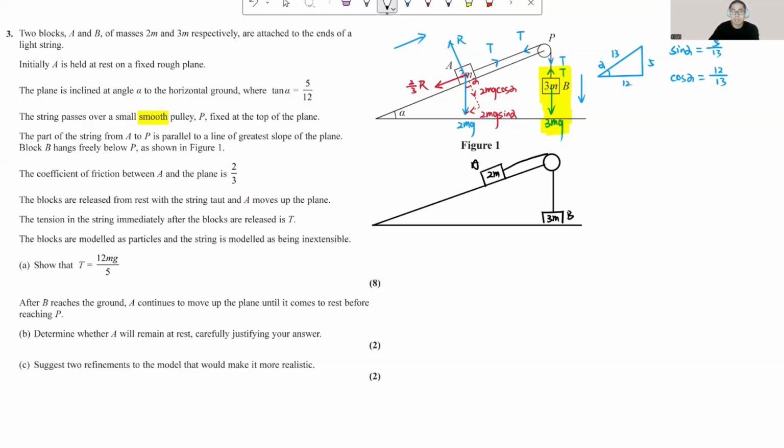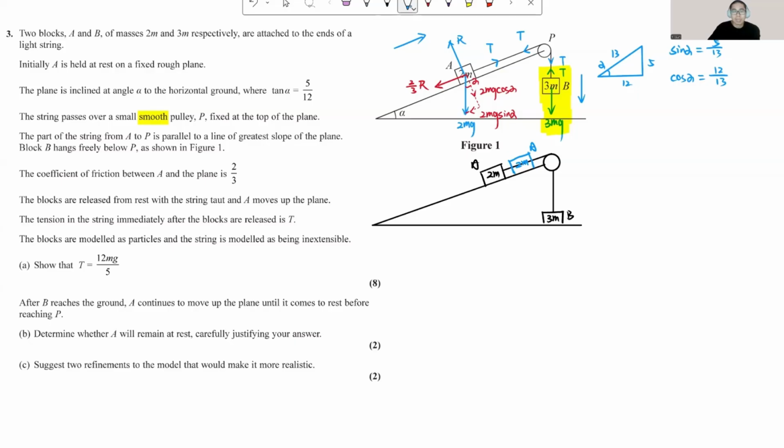At the instant when B reaches the ground, they should still be connected by the light inextensible string. But because B is already on the ground, B cannot move any further. But at that instant, A still has some velocity. So A should move up a little bit more and then stop. So this is the actual position of A when it stopped.